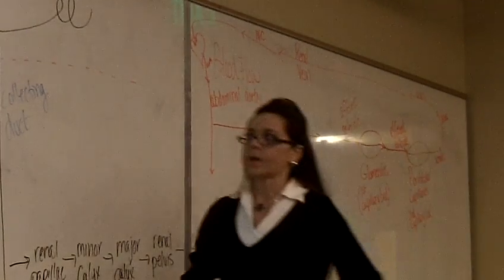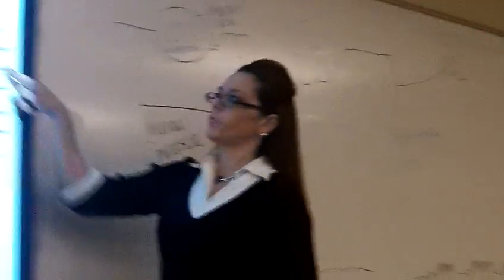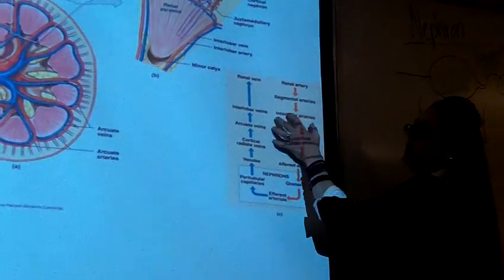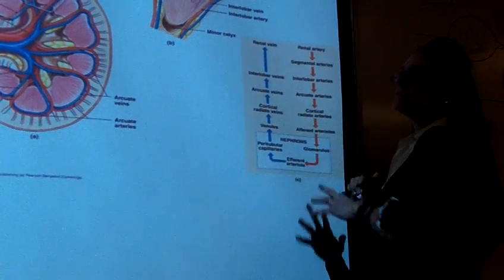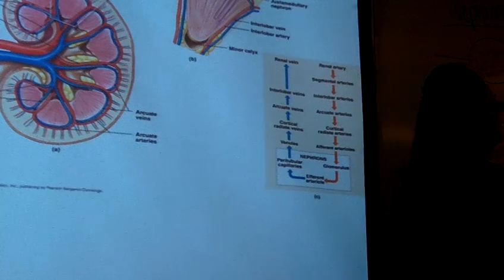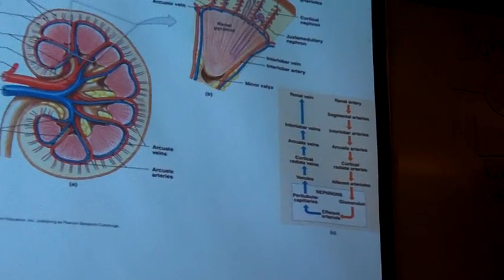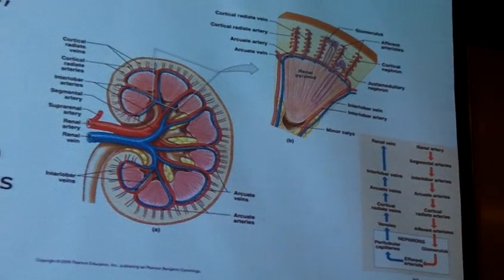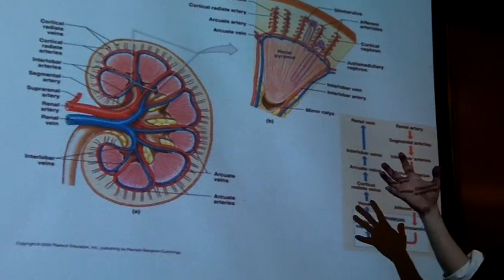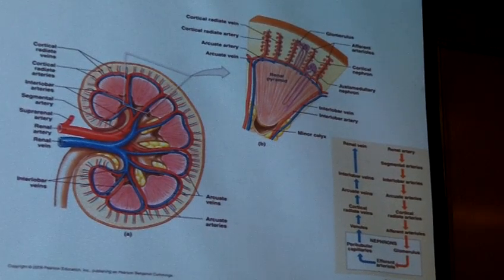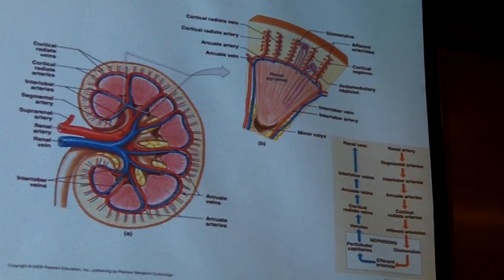So, again, you can see it's all written right here. We're just not learning all the different arteries and veins, small ones, that are in the kidney. We're just focusing on the main artery and vein that takes us in and out of the kidneys. And then we're concerned with the capillaries. Because the capillaries is where we're going to have things diffusing in and out of the blood.